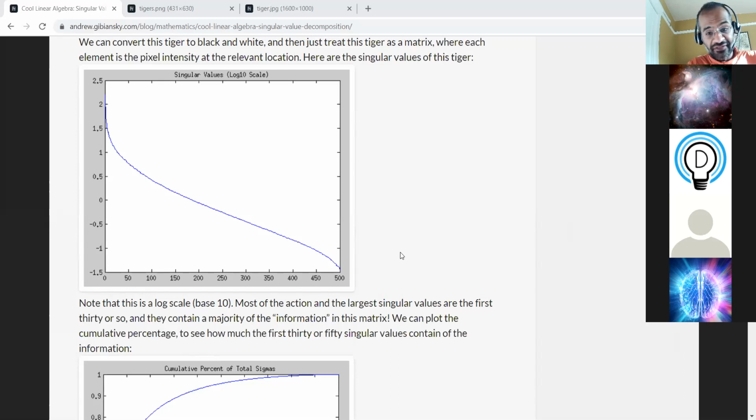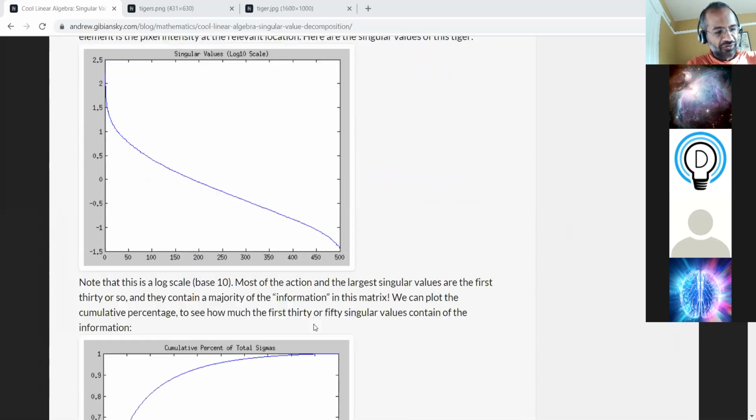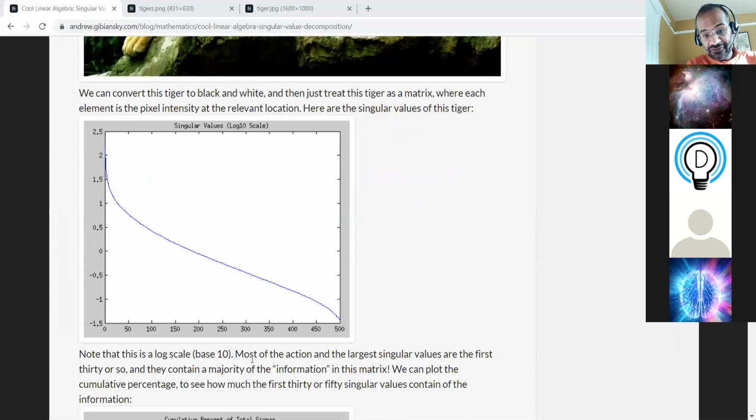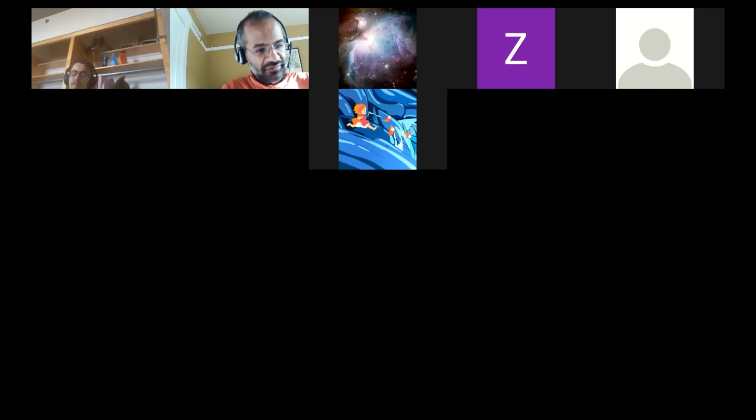Okay, so log scale means this is log of the singular values, right? The singular values are some positive numbers, so I can take their log. You notice there are a few big ones and it goes down pretty fast. Okay, you have to decide what you mean by big singular values, but there's a very natural approach to now compressing the image, going back to our little SVD.